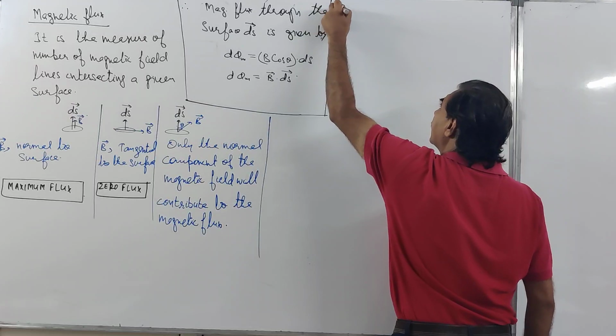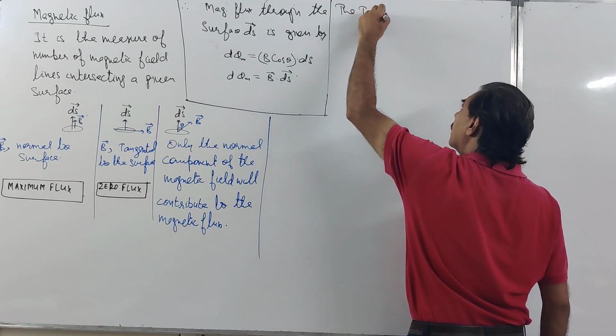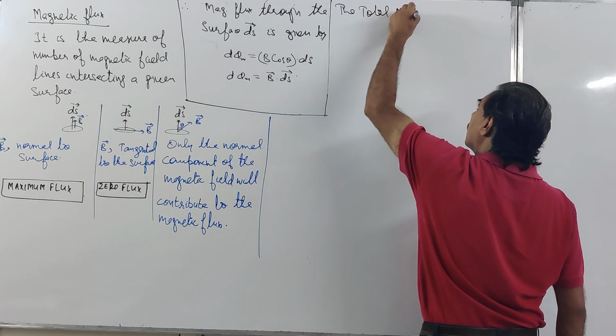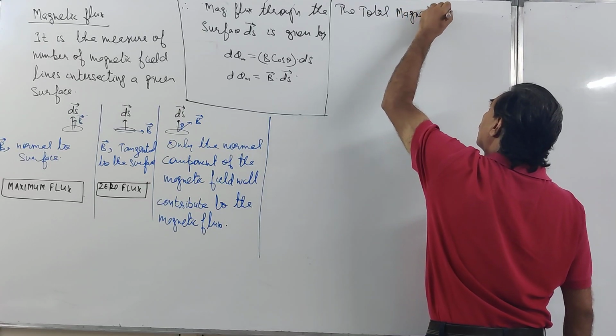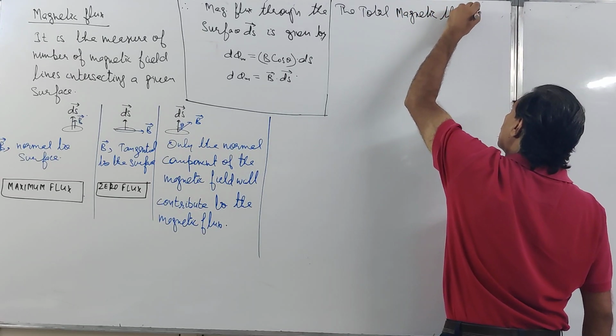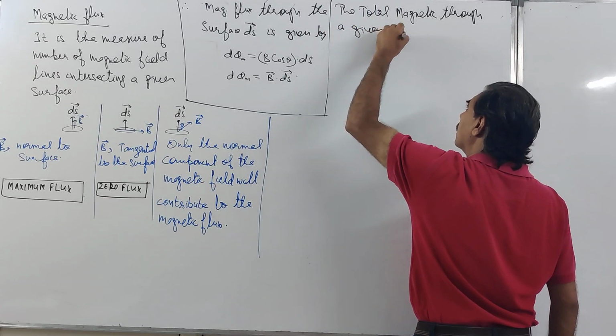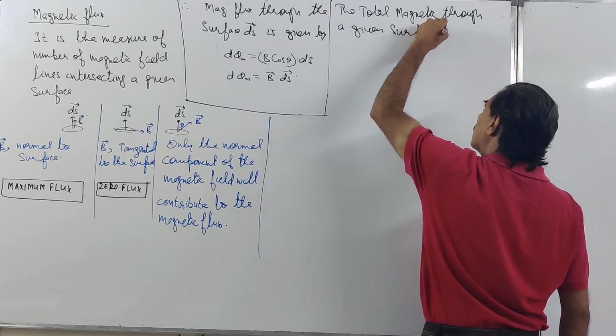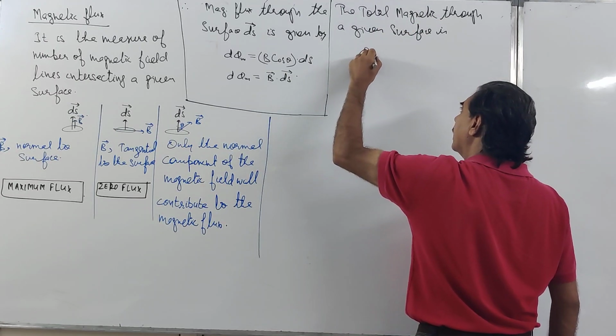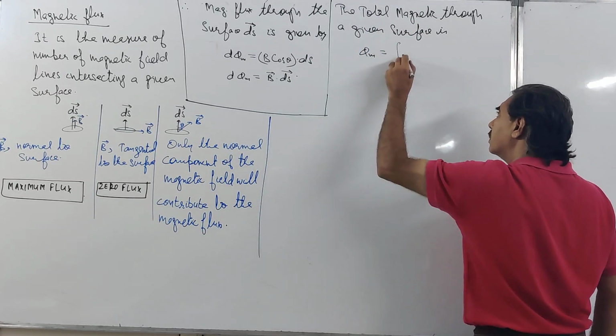The total magnetic flux through a given surface is phi m.